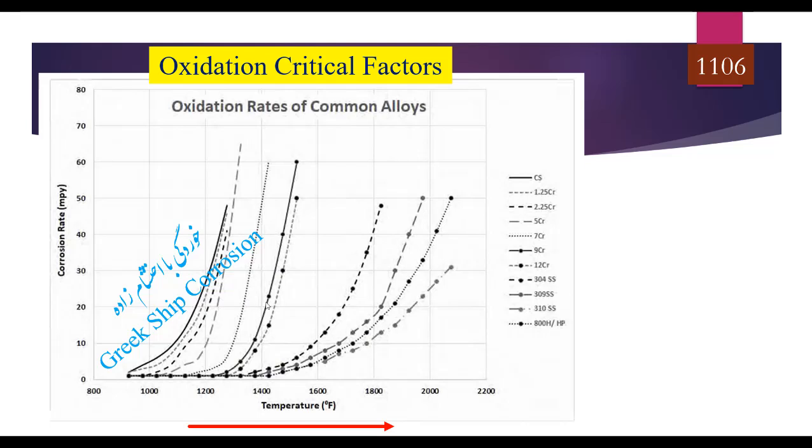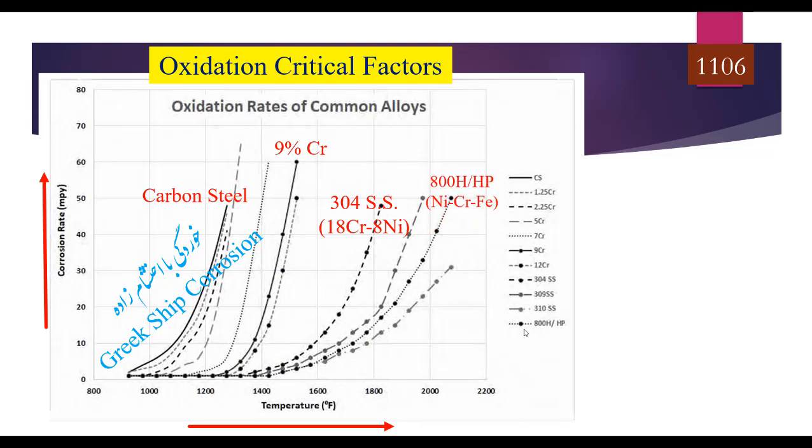This figure shows the results shown in the previous tables. Corrosion rate in MPY, temperature in degrees Fahrenheit: carbon steel, 9% chromium, 304 stainless steel, 800H, 310 stainless steel.